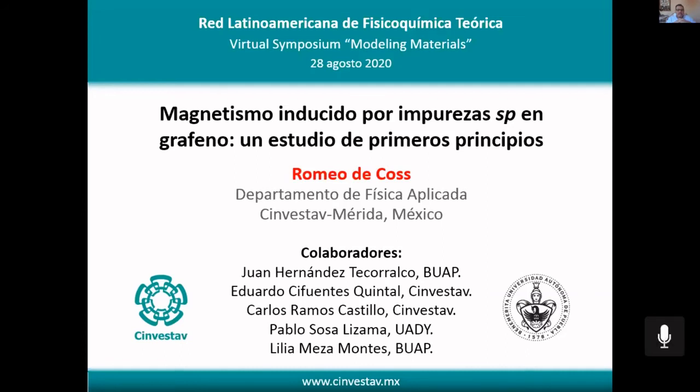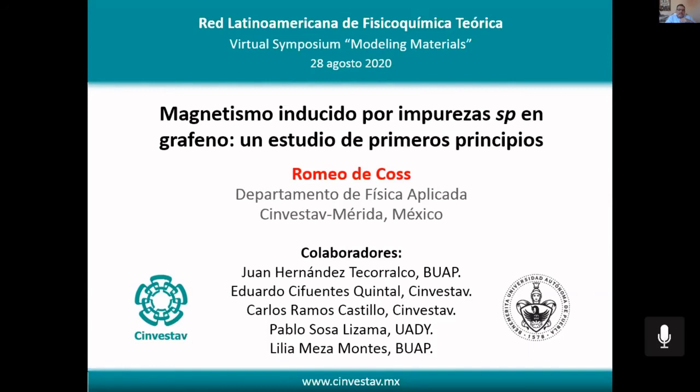And secondly, let me mention my collaborators are in this part of the slide, the names. All of them are working in this topic, but in different systems. So I appreciate this collaboration.